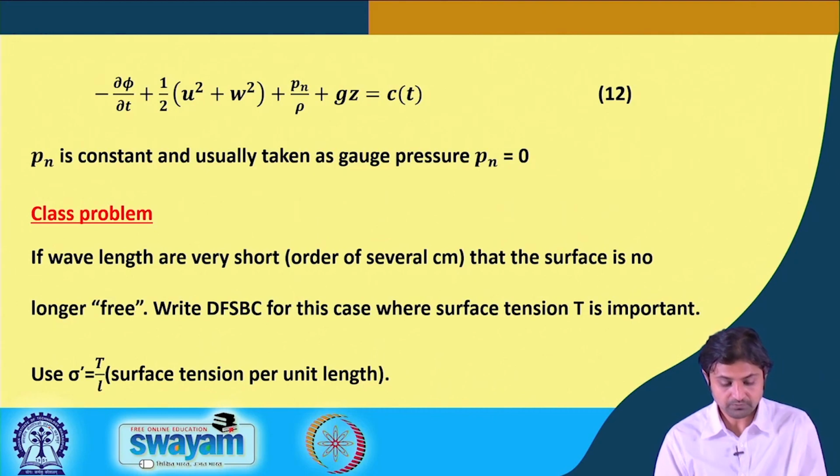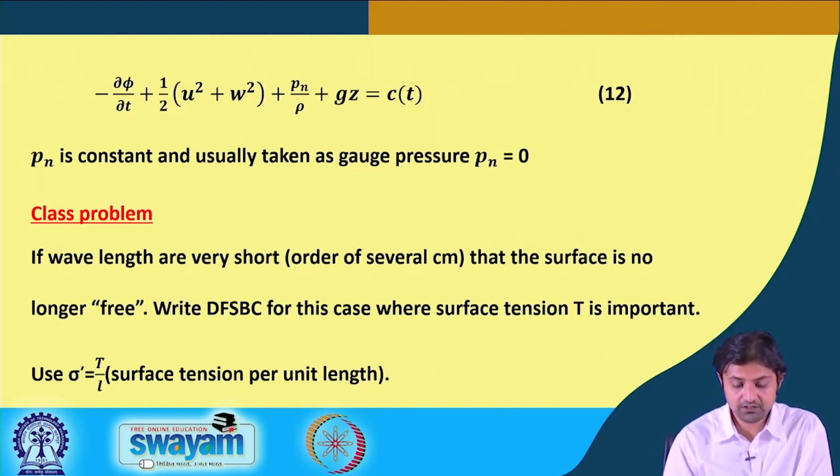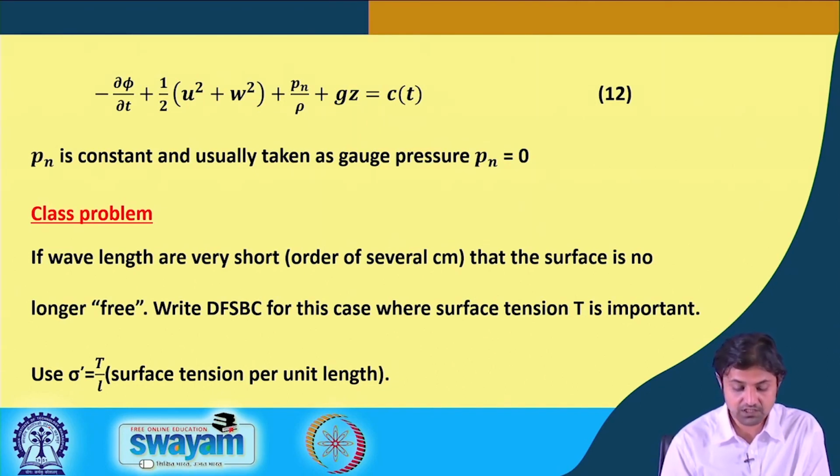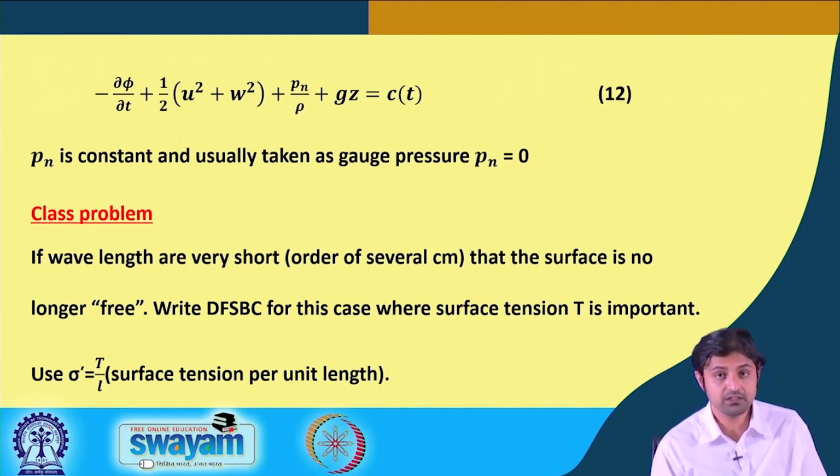Now, if wavelengths are very short, the surface is no longer free, and you have to write the dynamic free surface boundary condition for the case where surface tension T is important. All right.